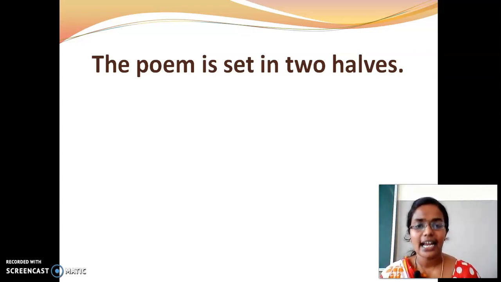So you can see the first half of the poem is the conversation of a cricket to the ant. The next half of the poem is the conversation of an ant to the cricket. Am I clear, children?